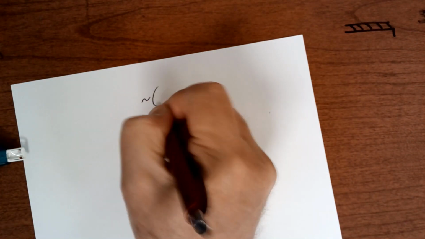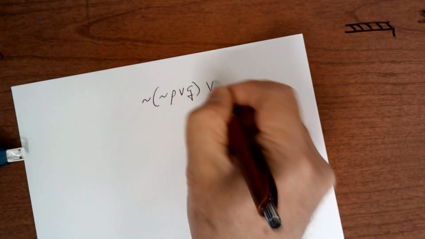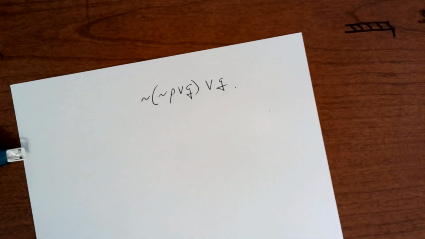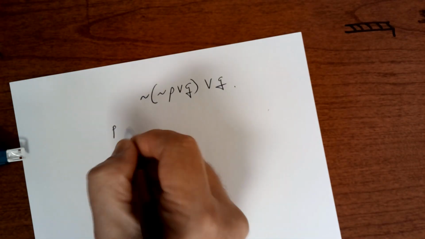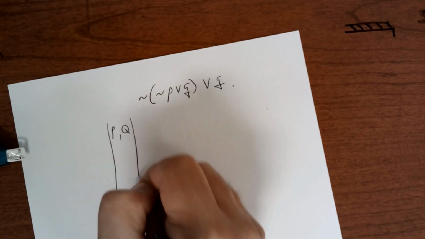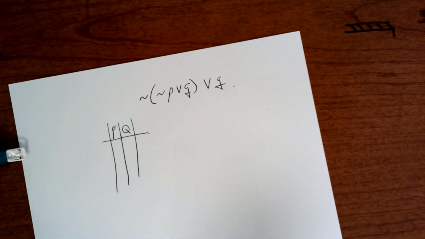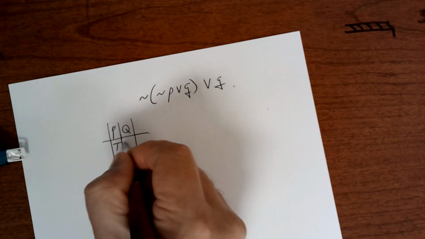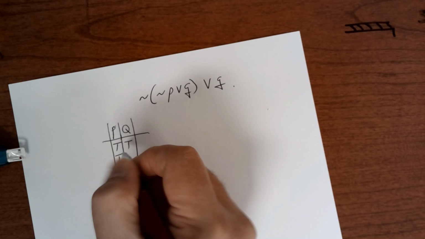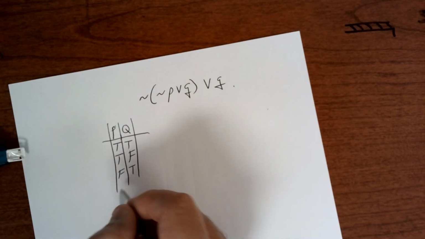Okay, copy this down. There we go. Okay, so put P and Q. Okay, so we have P and Q. So it's going to be true, true, true, false, false, true, or false, false.